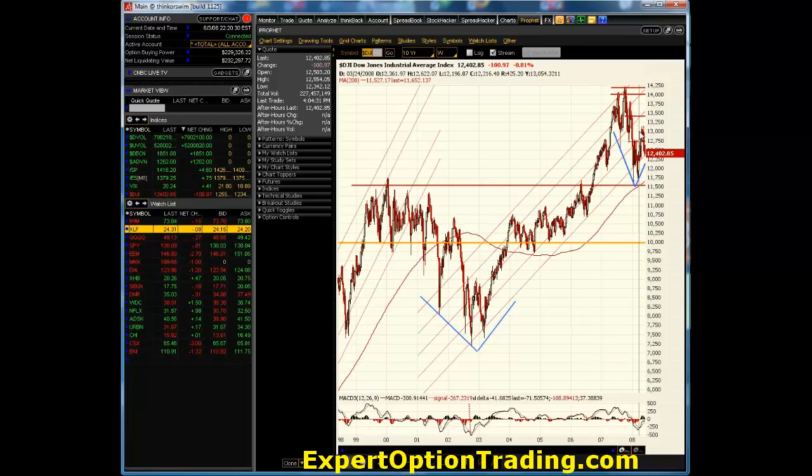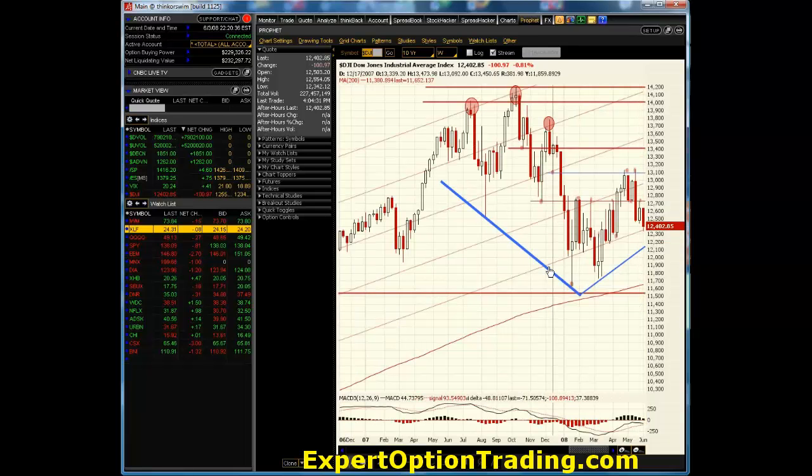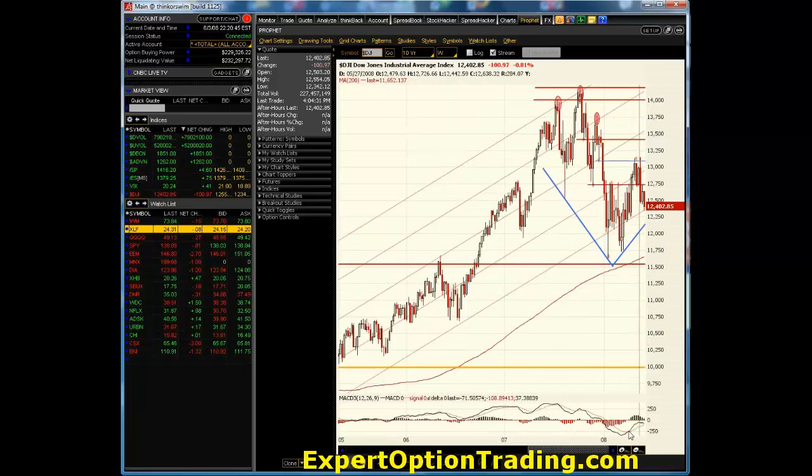I also like support and resistance points, and I've given you just about everything I use in technical analysis. These V bottoms are not really that necessary. If you just learn the support and resistance points and the trends and the channels, that's pretty much all you're going to need for entering both the monthly trades as well as the trades that we're going to talk about in Module 11.